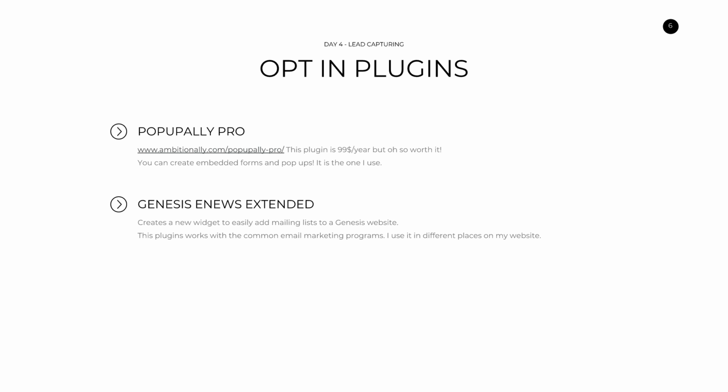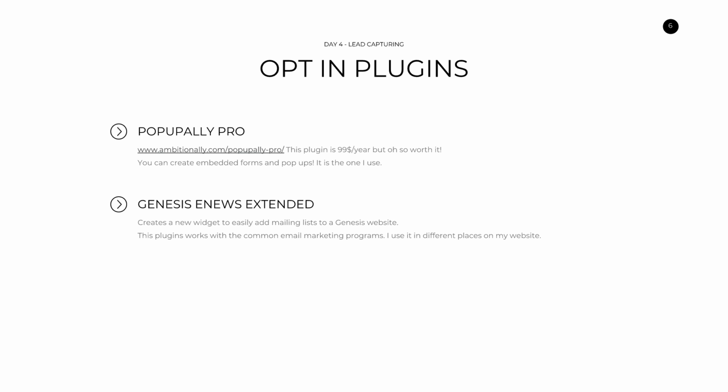If you are using Genesis, the one that I have mentioned a lot this week, there is a free plugin called Genesis eNews Extended. And I use it too on my page. I use both Pop-Up Li Pro and Genesis eNews Extended.